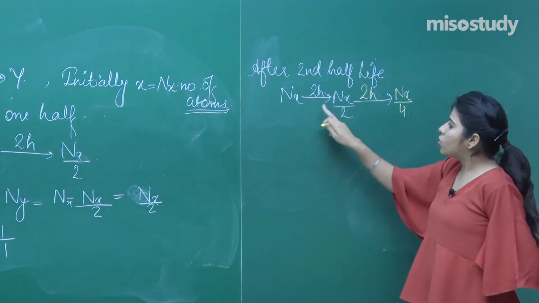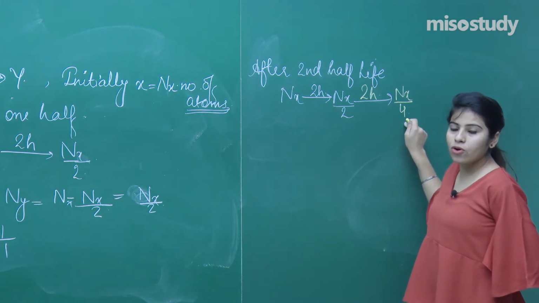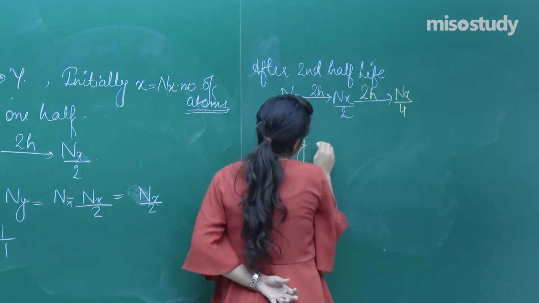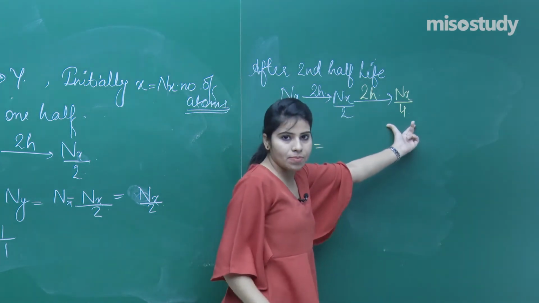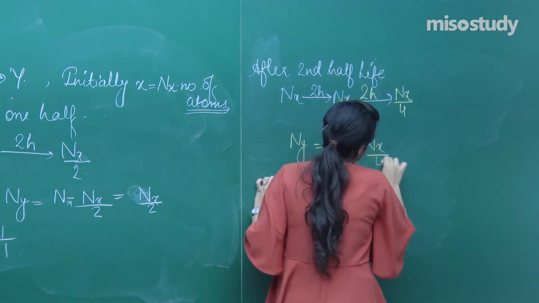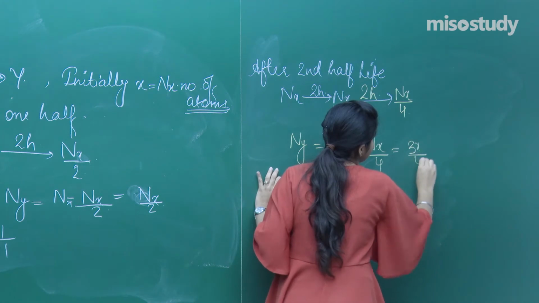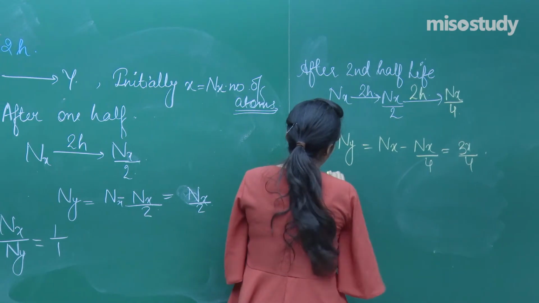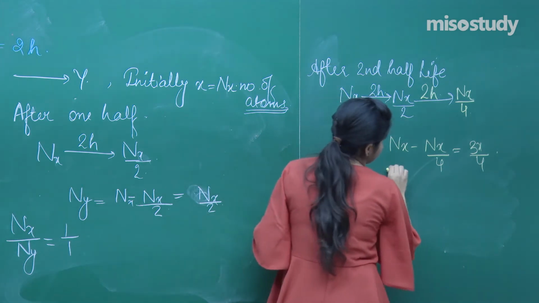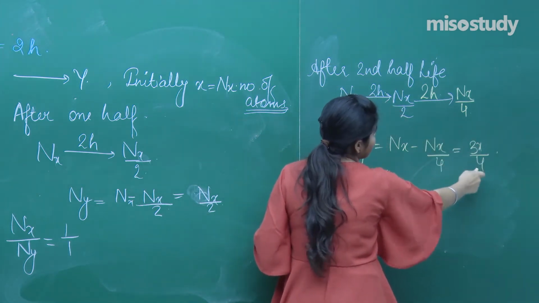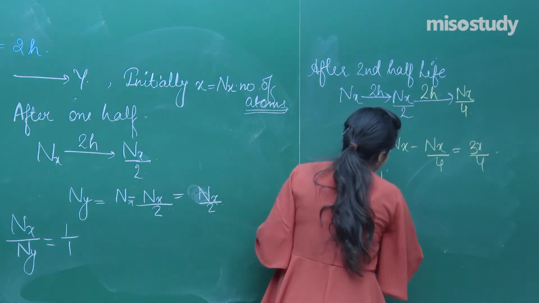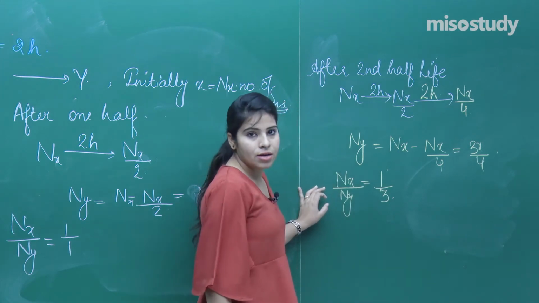So Nx has come out to be 1 by 4 of the initial atoms. Now Ny will be Nx minus Nx upon 4, that means 3Nx upon 4. So the ratio Nx upon Ny is Nx by 4 divided by 3Nx by 4, which comes out to be 1 by 3.